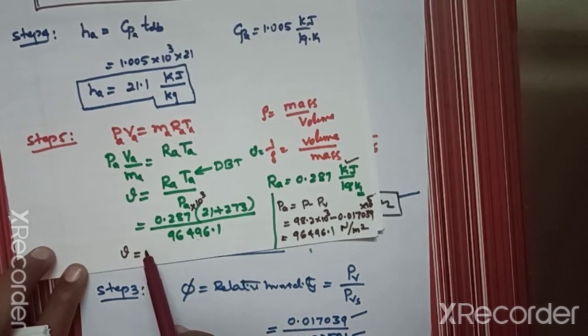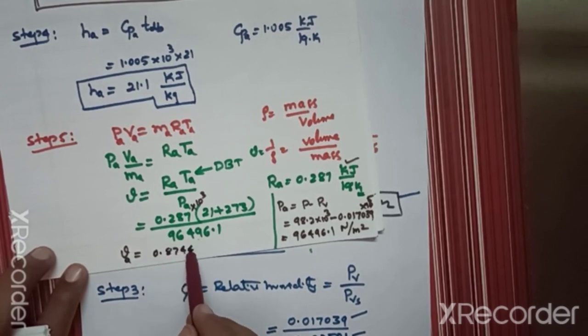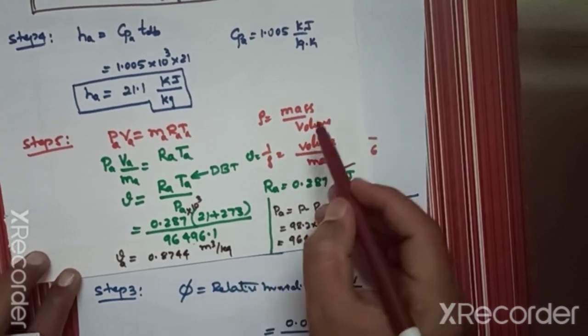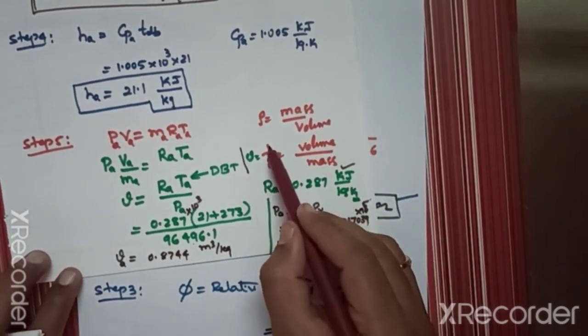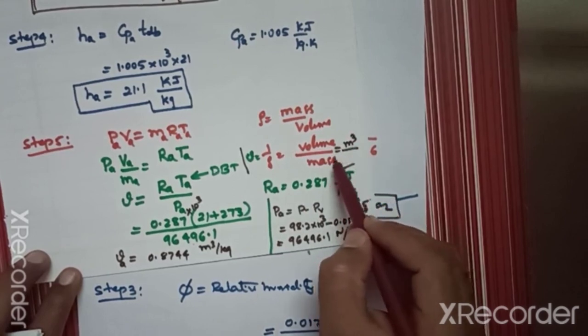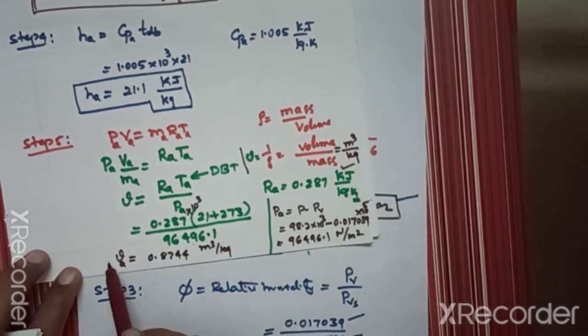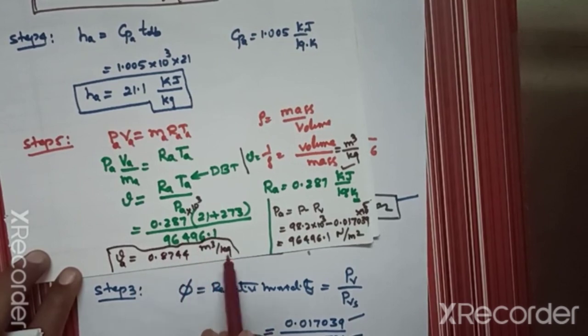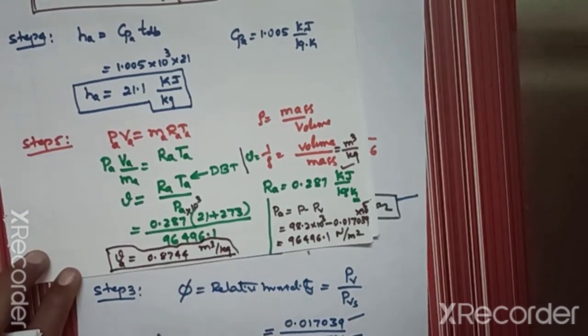So once you calculate the value of specific volume, you will get 0.8744 meter cube per kg, because specific volume is 1 by rho. What is the unit of volume? Meter cube. And what is the unit of mass? That is kg. So meter cube per kg is the unit of specific volume.